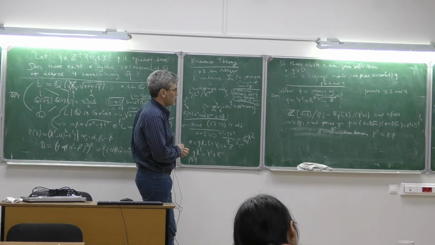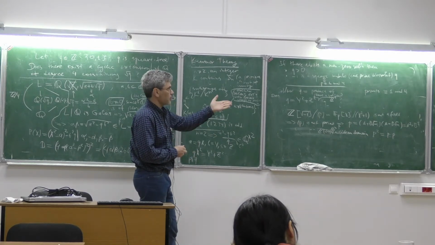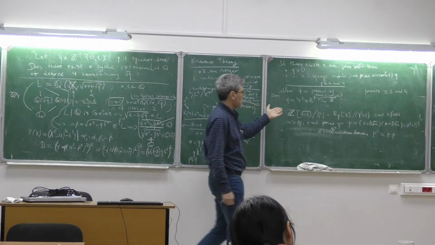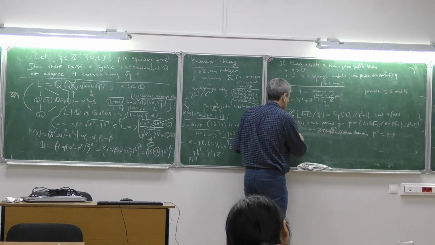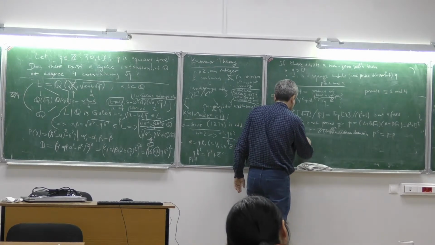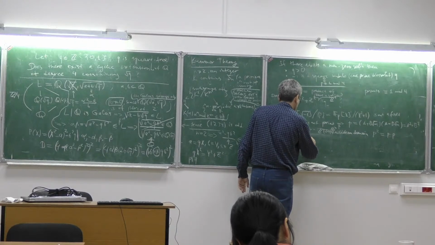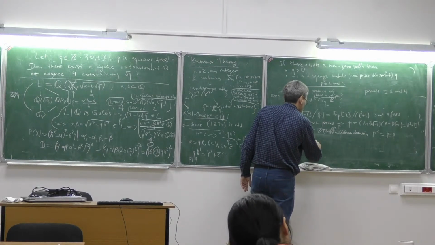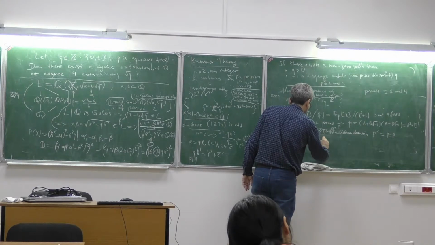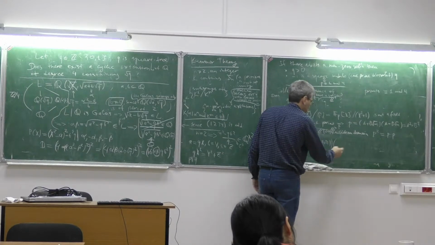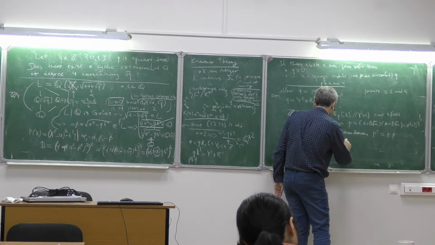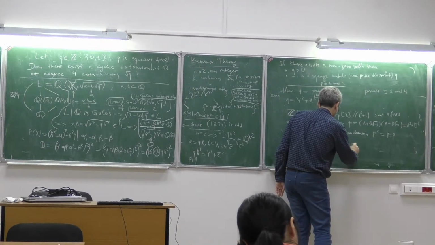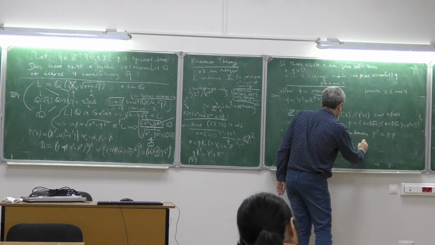And now if we have a product, the product of the pi's is the product of ai plus bi square root of minus 1, times the same with ai minus bi square root of minus 1.